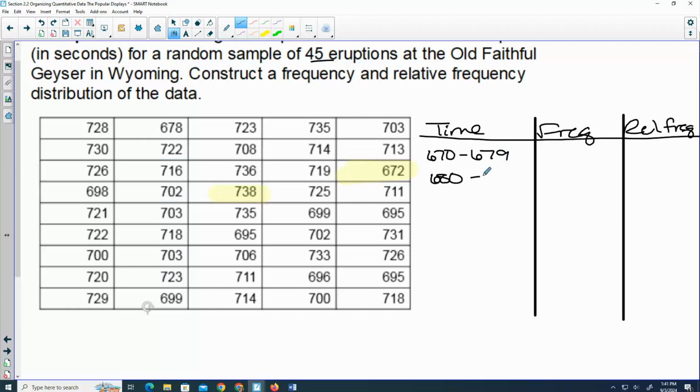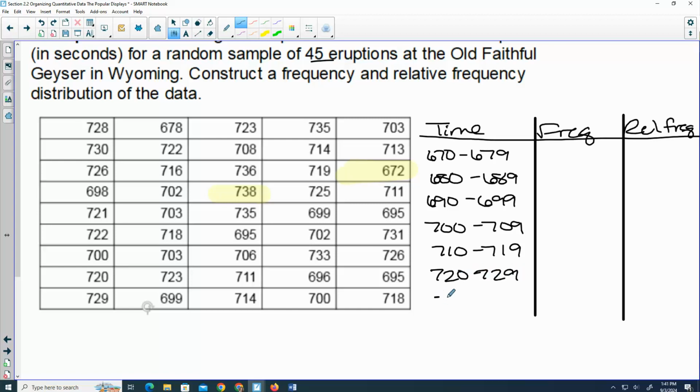Okay, next one will be 680 to 689. 690 to 699, 700 to 709, 710 to 719, 720 to 729, and 730 to 739. These have what are called a class width of 10.